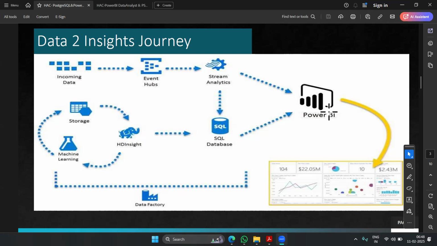We are going to touch base on them too, because nowadays you are seeing DeepSeek, artificial intelligence, Gemini. Even this PDF file has an AI assistant. Similarly, in our Power BI, we are also going to have AI assistance, AI tools. We are going to see all of them.